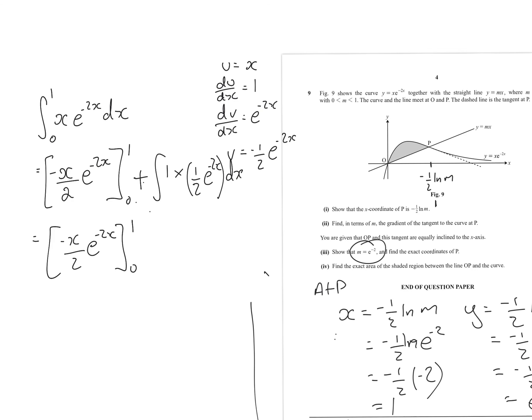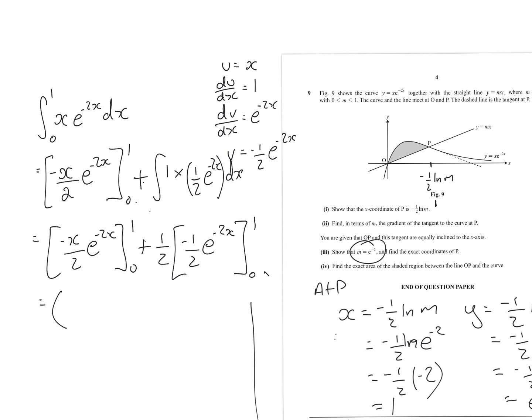I'm not going to sub anything in at the moment. I've now got to do this integration. Well, this is a positive, a half. Then I've got to integrate e to the minus 2x again, which is minus a half e to the minus 2x, between 0 and 1. Happy?